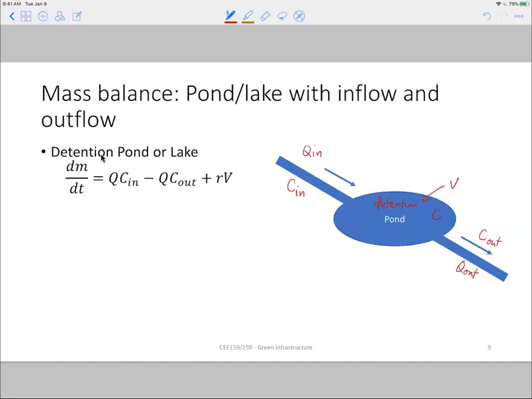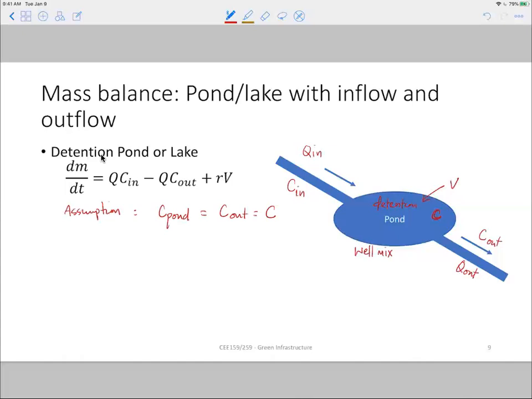If we assume this is a well-mixed system, the pollutant concentration here, C, has to be the pollutant concentration leaving the system, because there is no reaction in the effluent. That's again another assumption. So in most cases, we can say that the concentration inside the pond should be the concentration that's coming out of the pond, that's C.